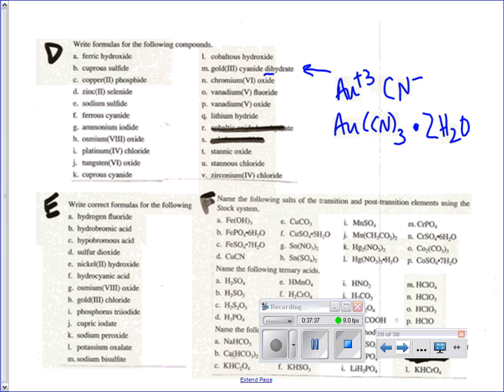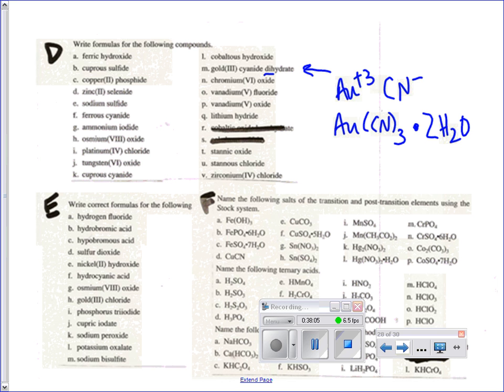Cl. SnCl. Not ClO. Chloride has the ide ending, so it's just the Cl, and it's not 4. Stannic is a +4. Stannous would be a +2 then. So it would be SnCl2, right? SnCl2.